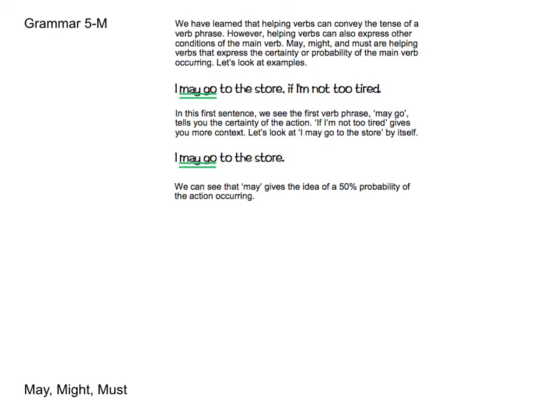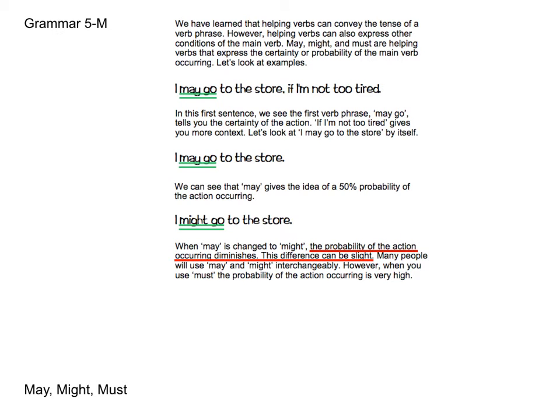And then the next thing we have is I might go to the store. And so here, when it's by itself, the probability of the action occurring diminishes. A lot of people use may and might interchangeably, but in fact, there is a slight difference between the two.